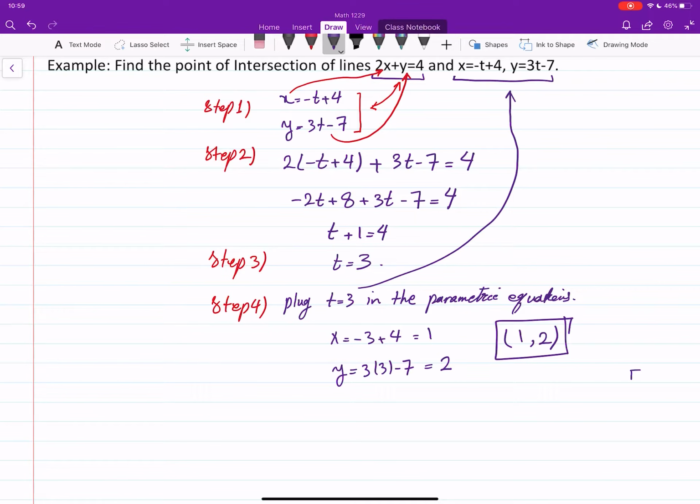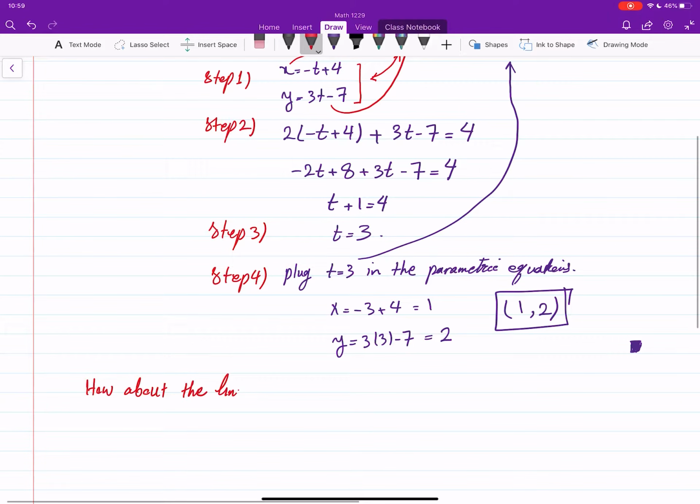As I said, when you have one in parametric form and one in standard form, then you can do these steps. But how about the case that both lines are in parametric form?